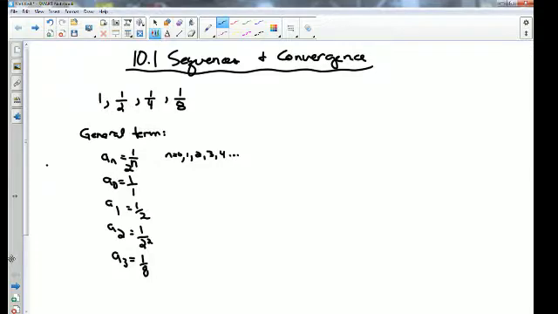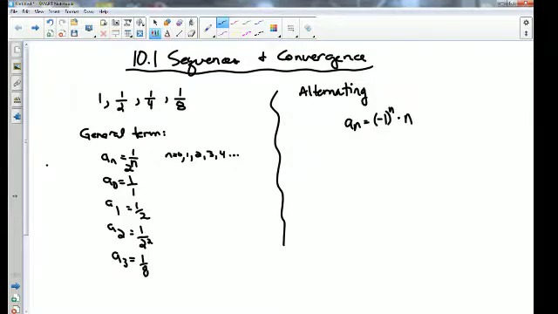So, basic sequence. One thing you'll want to know: this is an alternating sequence because of that term there. We've talked about alternating, right? When we did Taylor polynomials, we could have alternating Taylor polynomials. We can define n as greater than or equal to 1.